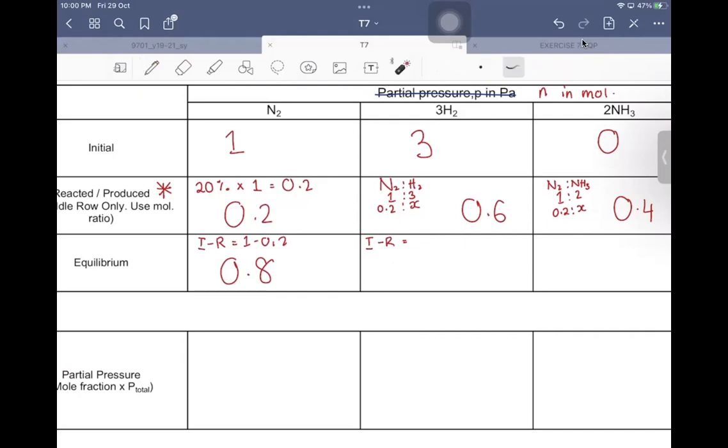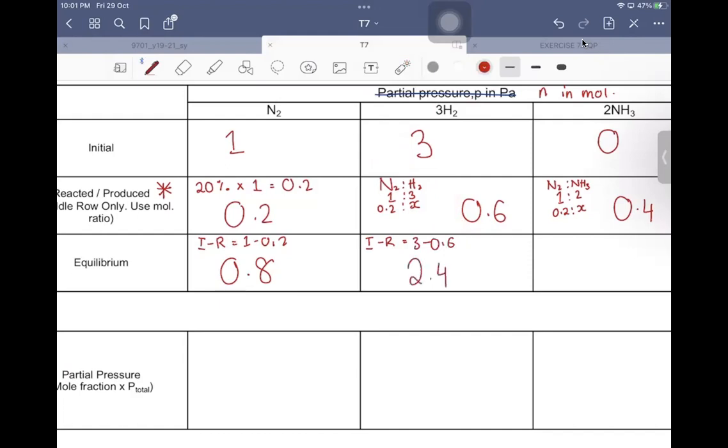I cannot just say, if I have 0.8 moles of nitrogen at equilibrium, I just multiply that by 3 to get my number of moles of hydrogen at equilibrium. No, that is a big no. To find hydrogen at equilibrium, you must take I minus R. So that's 3 minus 0.6.